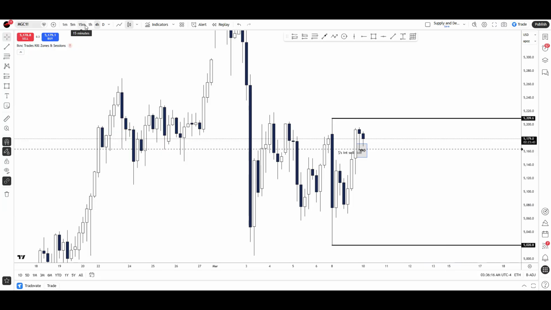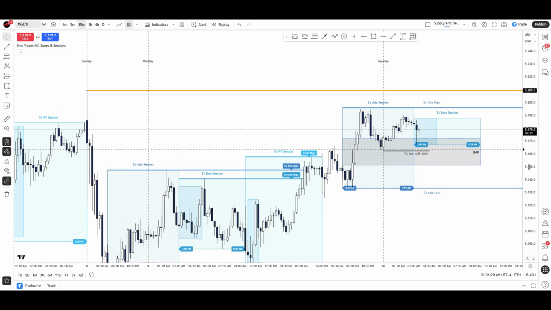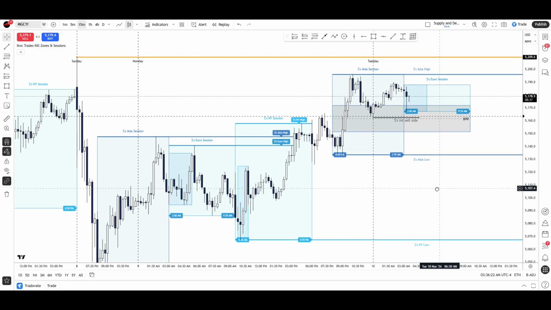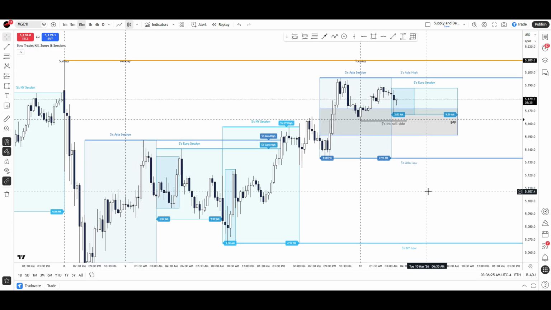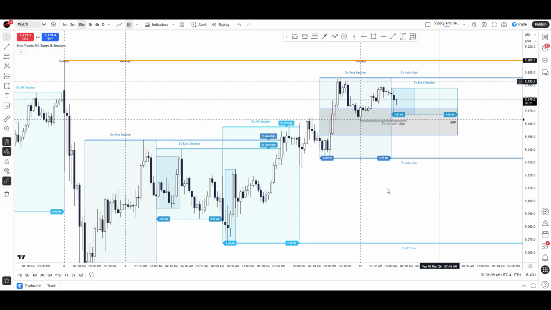Also want one of the 15-minute. And then I'll go to my trade journal. Again, that is something that I had designed for me. And I'll input this data.